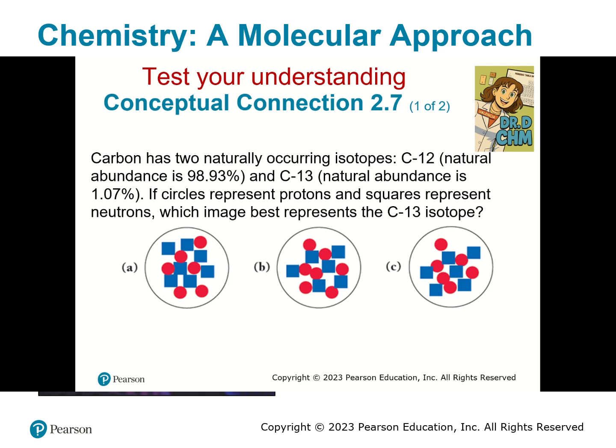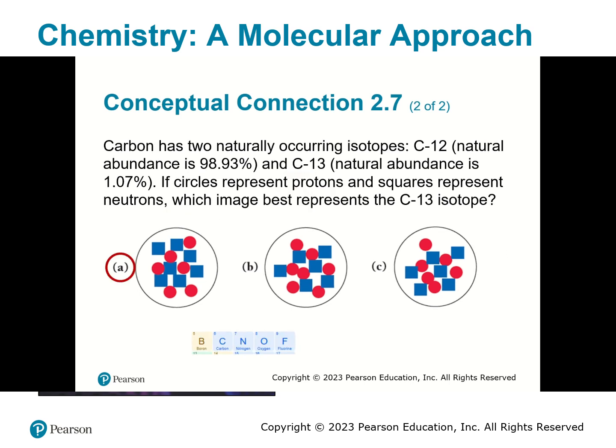So the first thing that you need to remember here is that protons will never change. What changes is neutrons. If you go to the periodic table, you're going to see carbon has 6 as its atomic number. That means I have 6 protons. This will never change. Here it says that circles represent protons, right?